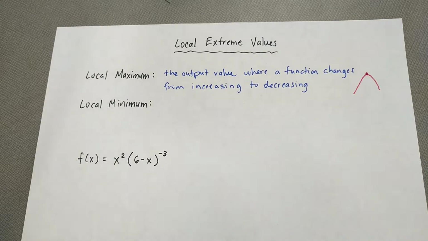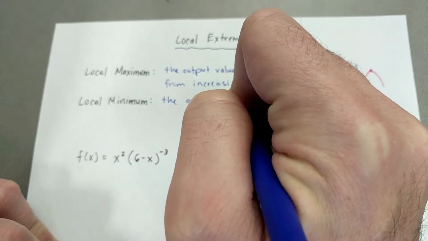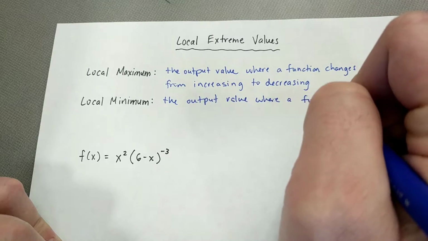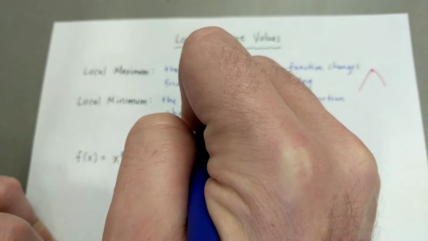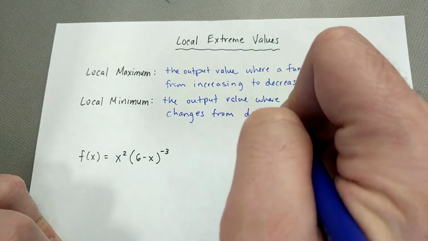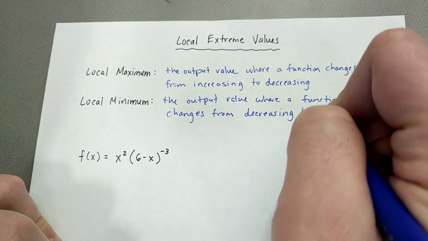Okay, and then the minimum, very similar. It's the output value where a function changes from decreasing to increasing.